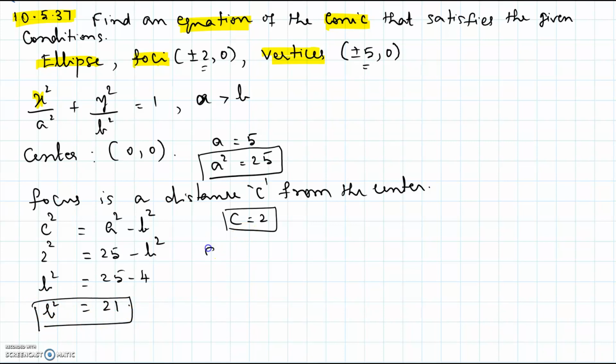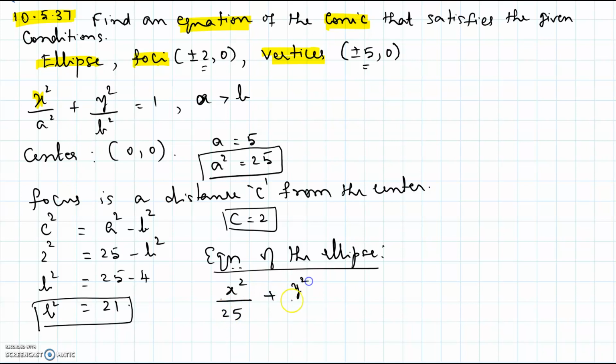So this gives the equation of the ellipse in the form x squared over a squared, which is 25, plus y squared over b squared, which is 21, equal to 1. Hope this video helps.